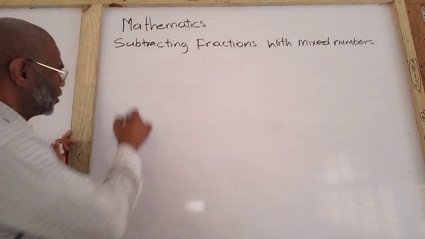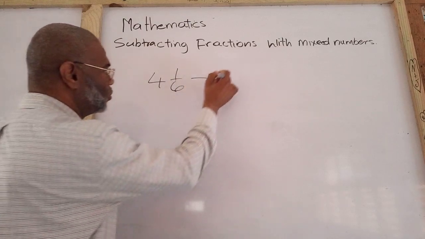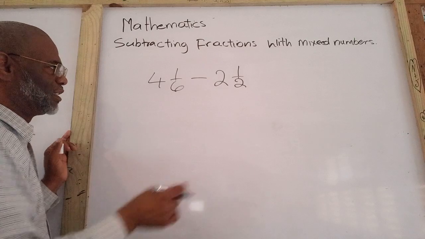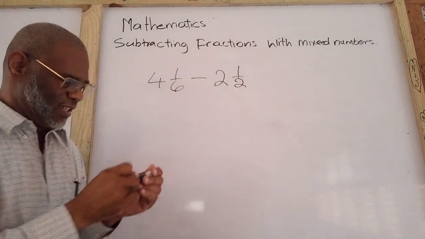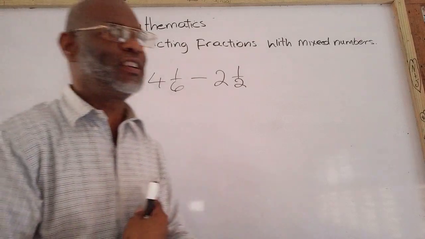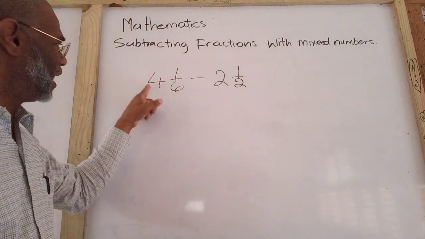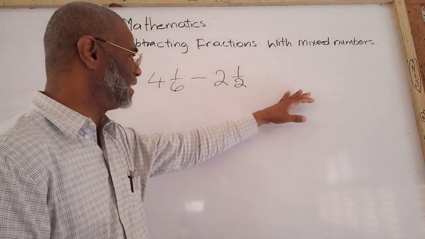Let's do one more. So we have 4 and 1 over 6 minus 2 and a half. Right? So let's do the same thing again. Now, let's back up a little. Remember, I was saying when we were doing addition, you can add the whole numbers first and just put them aside.